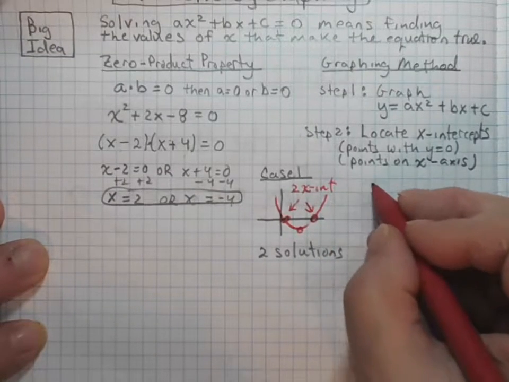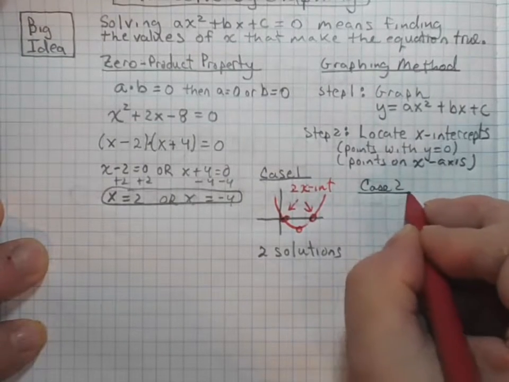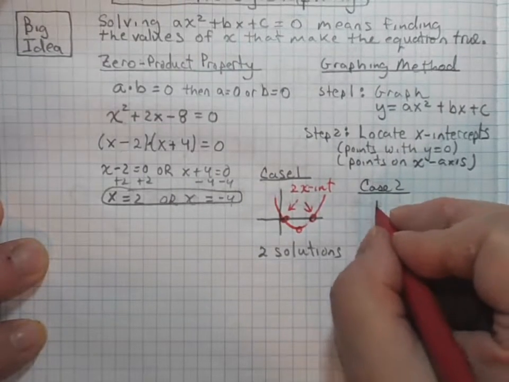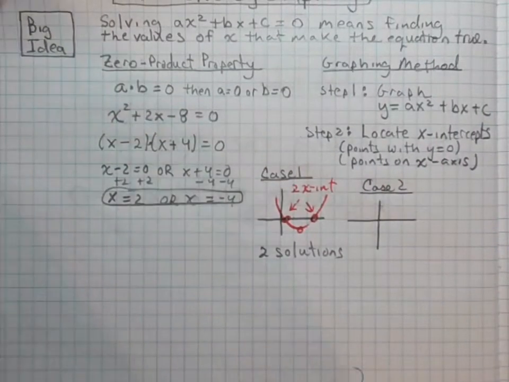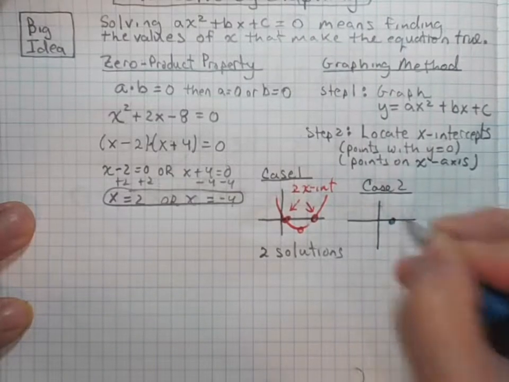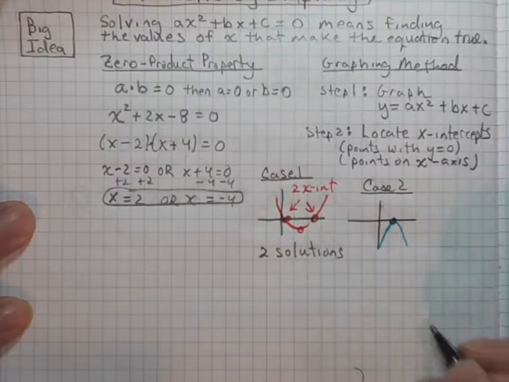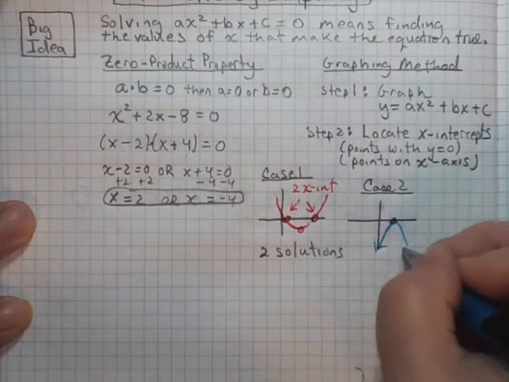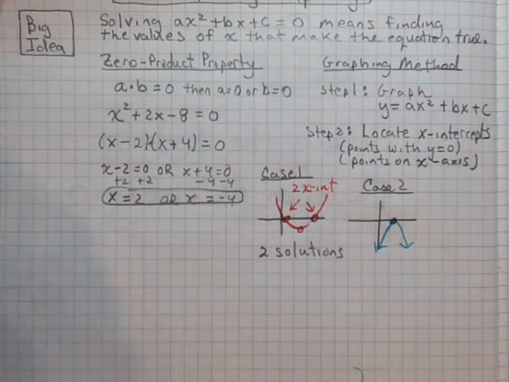All right, another case, case 2. Okay, quick little graph. Might have something where the parabola has a vertex that sits on the x-axis. So maybe a parabola that opens down or up, but in this case it's opening down. It crosses the x-axis at exactly 1 point.